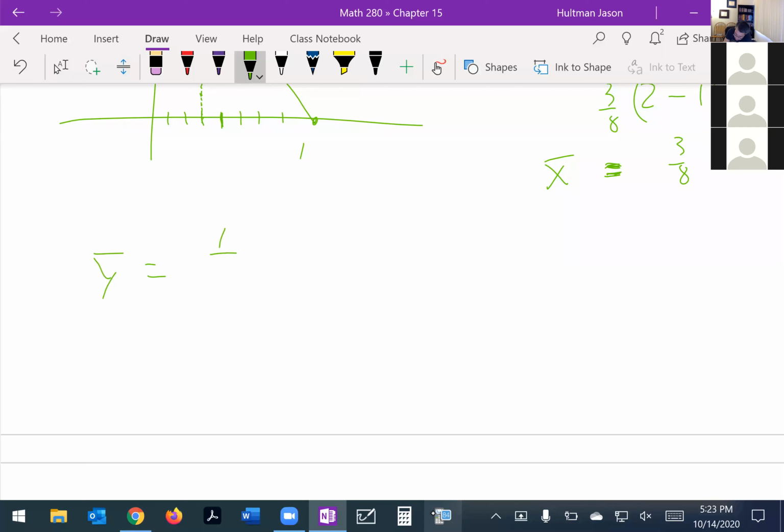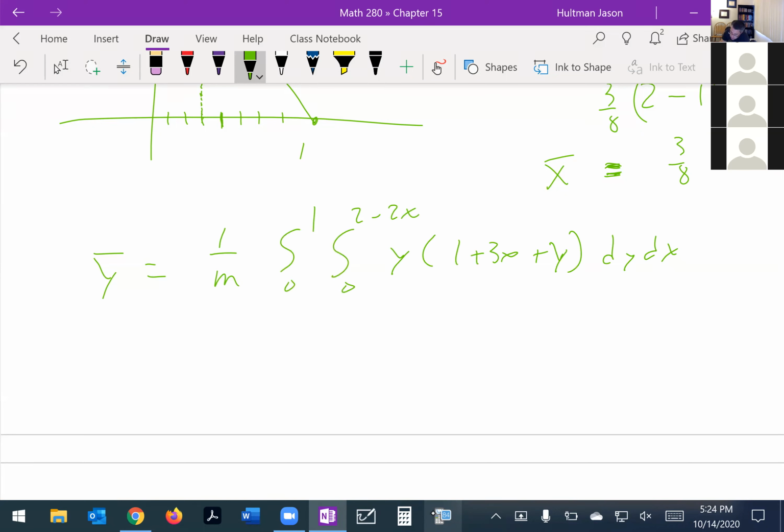Y bar is equal to 1 over m times the integral from 0 to 1 of the integral from 0 to 2 minus 2x of y times 1 plus 3x plus y dy dx.